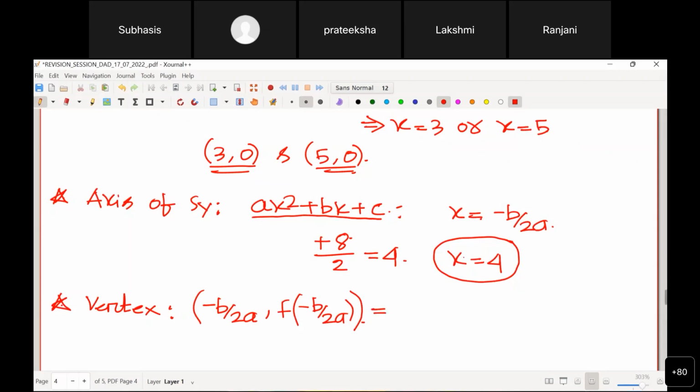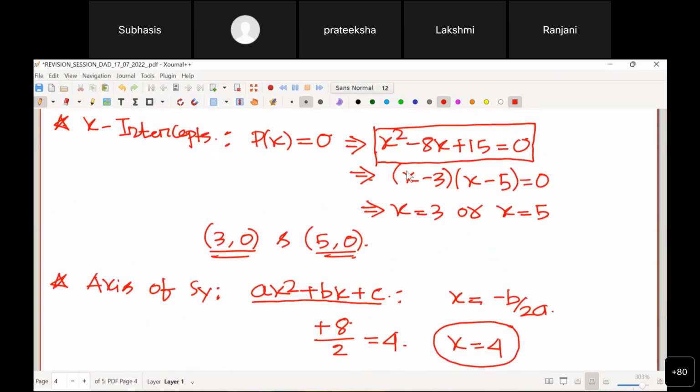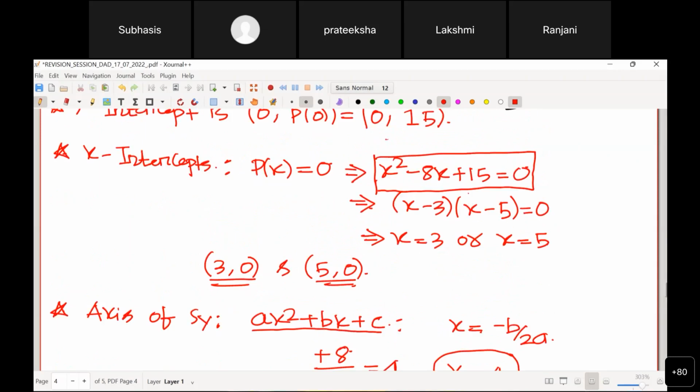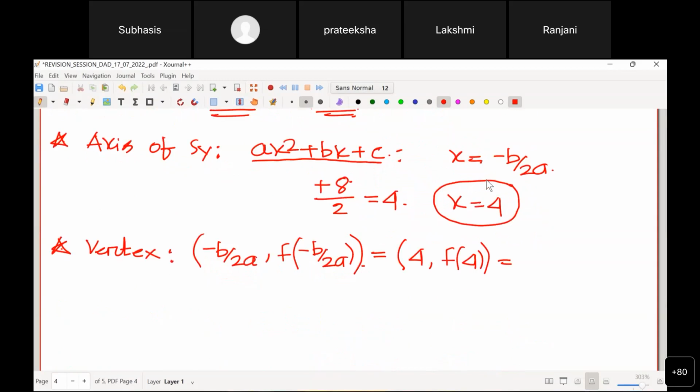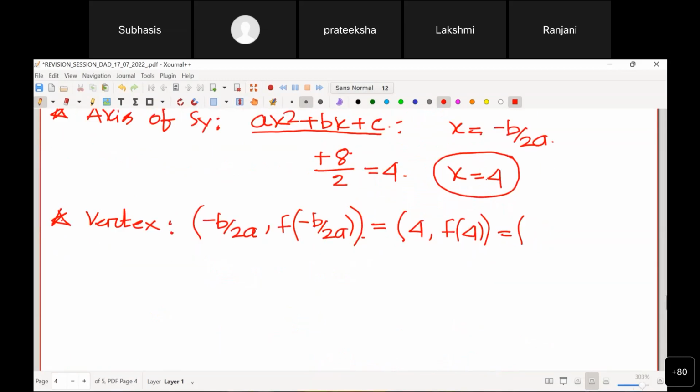The only extra thing we need to do is find f of 4. f of 4 is 16 minus 32 plus 15, so I guess it's minus 1, right? Yes. So this is the vertex of this quadratic function.